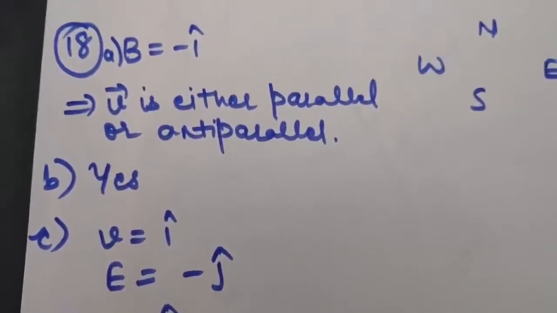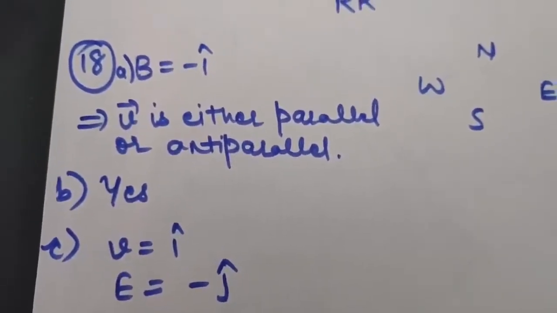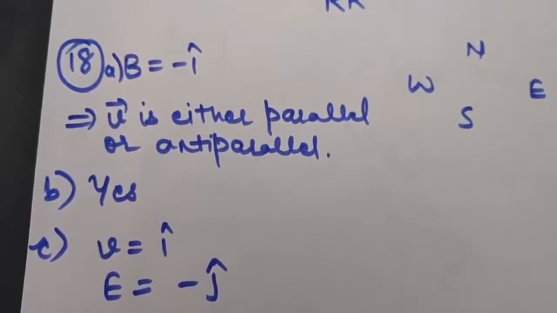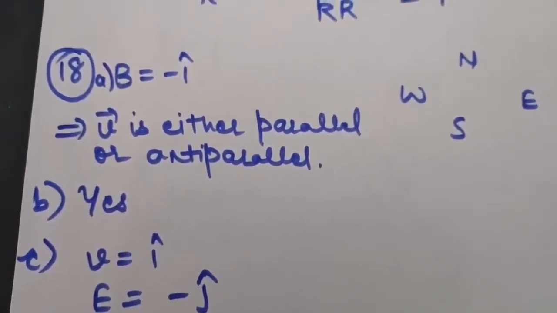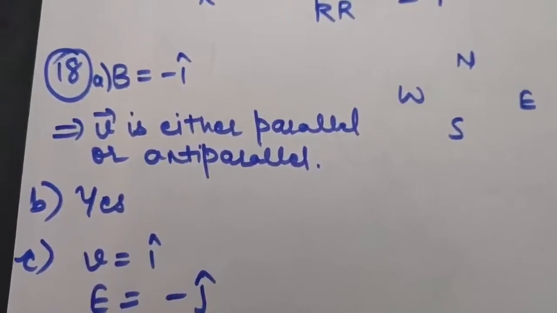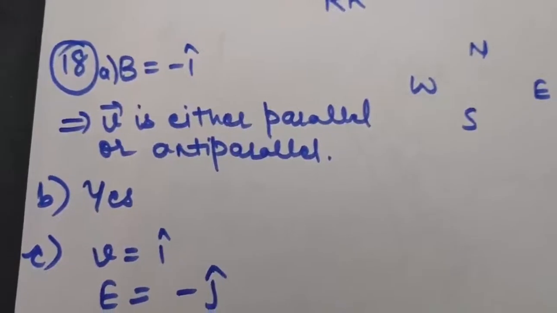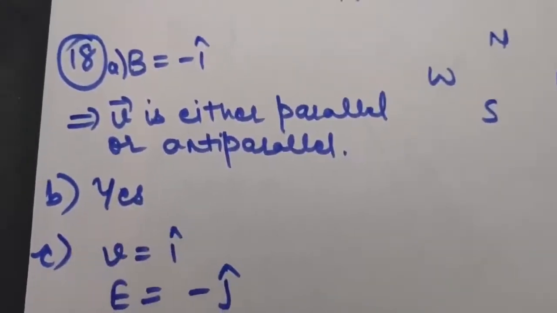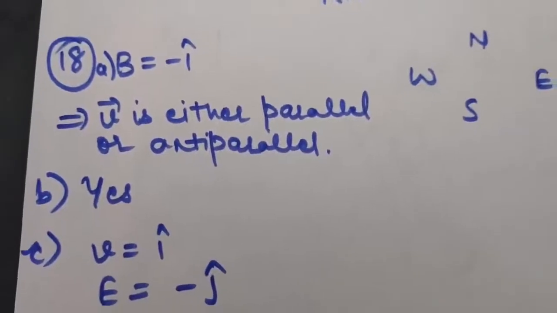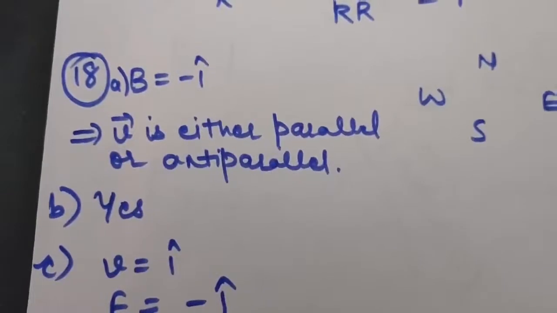So as you know, the magnetic field is only responsible for changing the direction of the charged particle. It does not change the speed, or you can say magnitude of the speed of the particle. So that means its final speed will remain equal to initial speed. So the answer will be yes. Okay, always remember magnetic field is only responsible for changing the direction of the velocity. It does not change its magnitude.